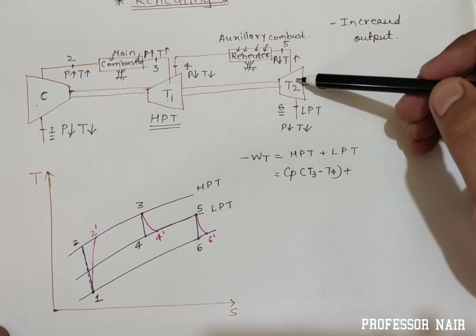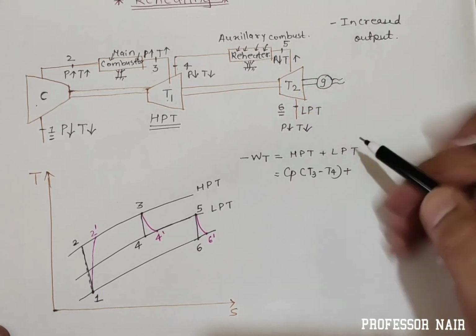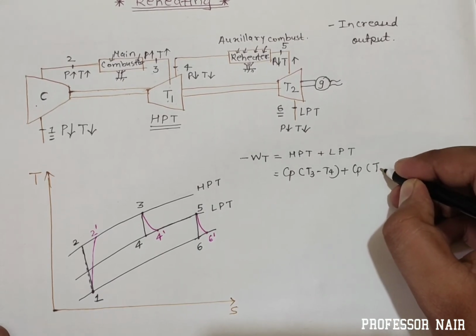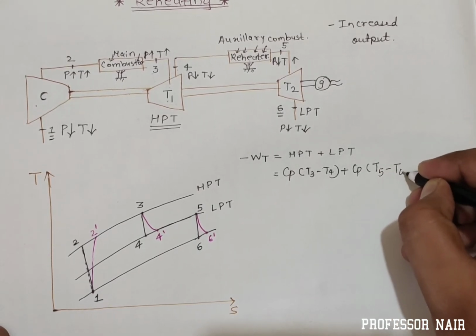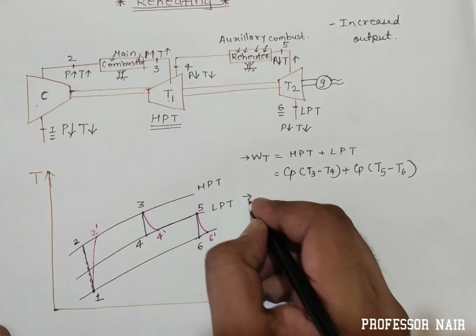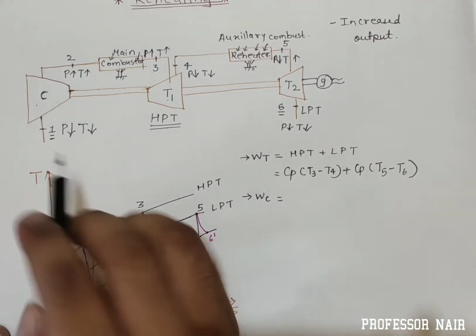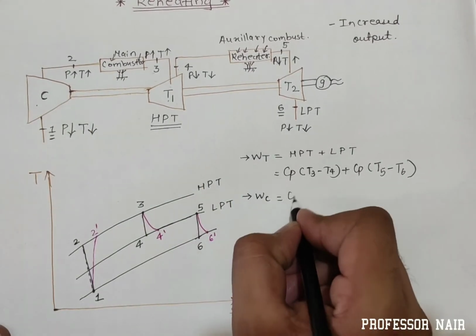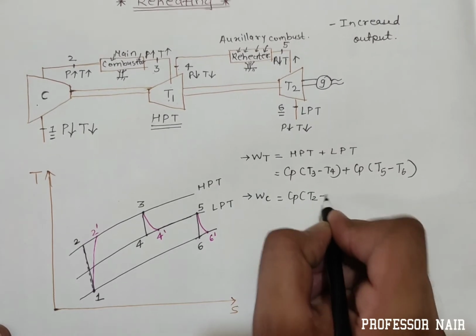Low pressure turbine will have 5 and 6, right? So Cp (T5 minus T6). Okay. Similarly, work of compressor. Only one compressor is there. Cp (T2 minus T1).